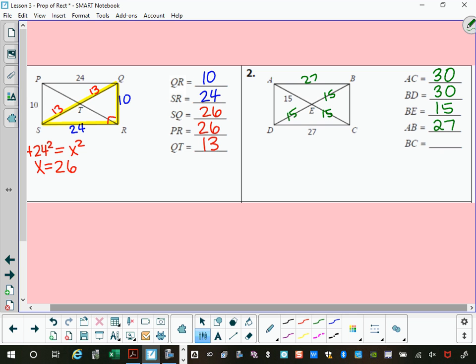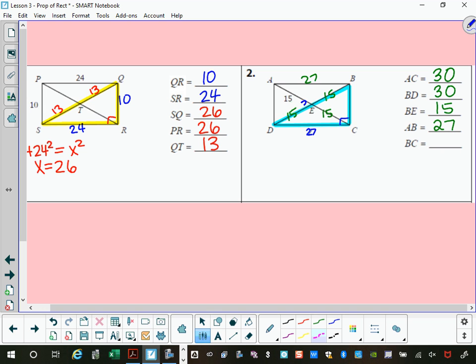And then BC. We don't know that yet, right? Okay, so once again, I'm going to look at my picture as a triangle, because I can figure out what that side is. I have a right triangle here, right? This side is 27.